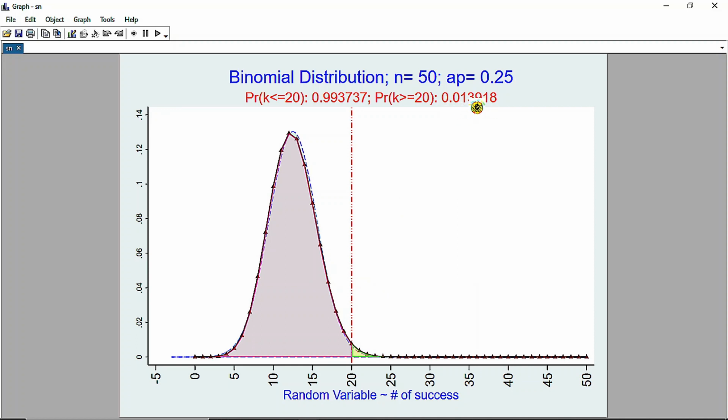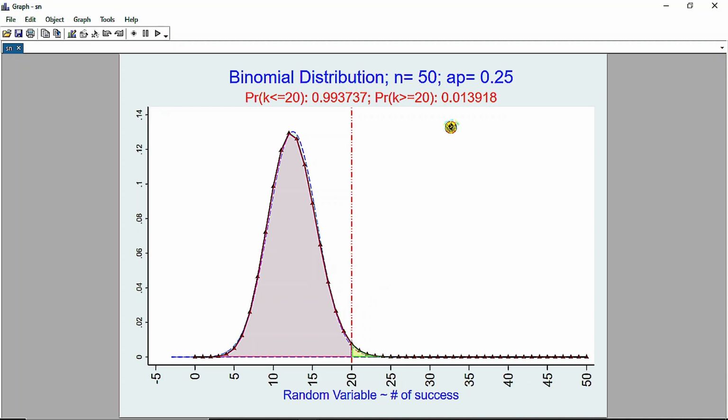the probability, or this value, is less than 5%, and we can say that this region may not belong to this graph. The region marked by yellow color will not belong to this region. That is why if we are testing our null hypothesis against this alternative hypothesis greater than or equal to 20, then we can reject that this area belongs to this null region.